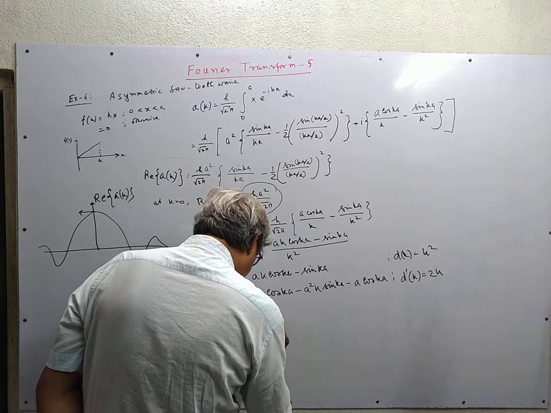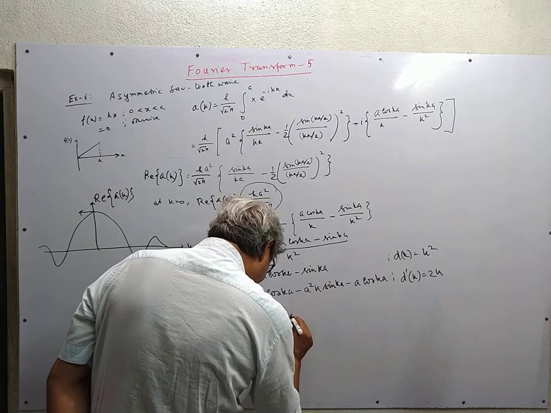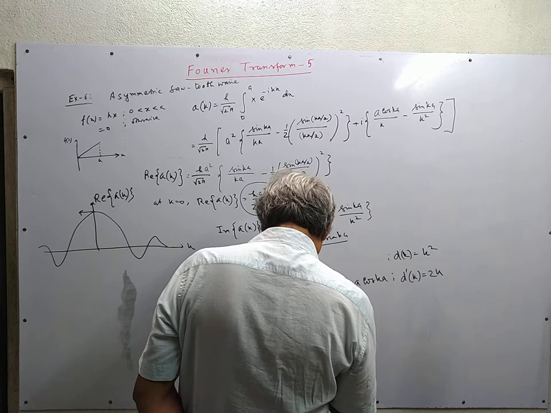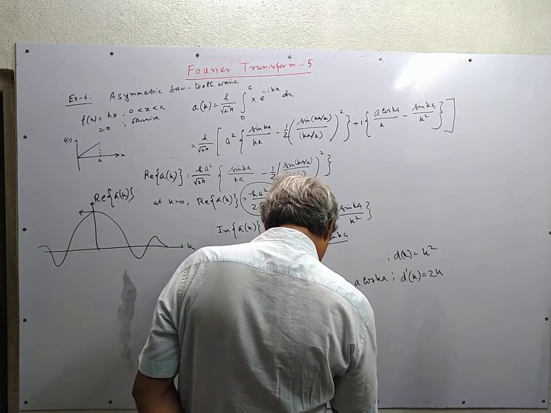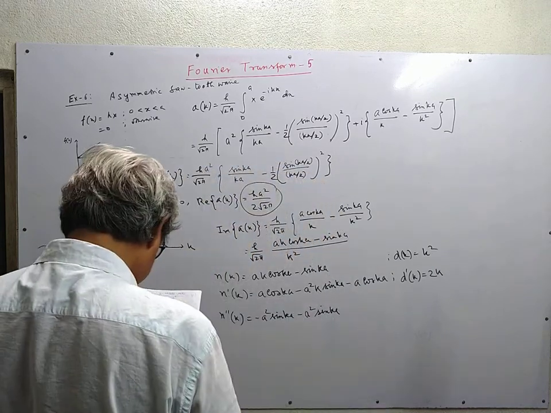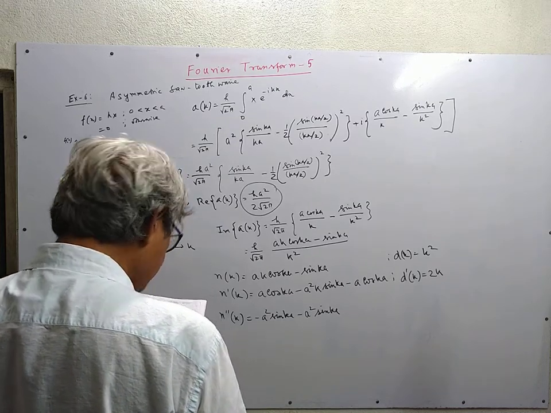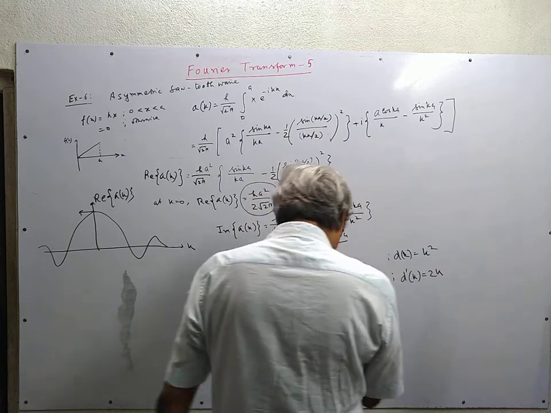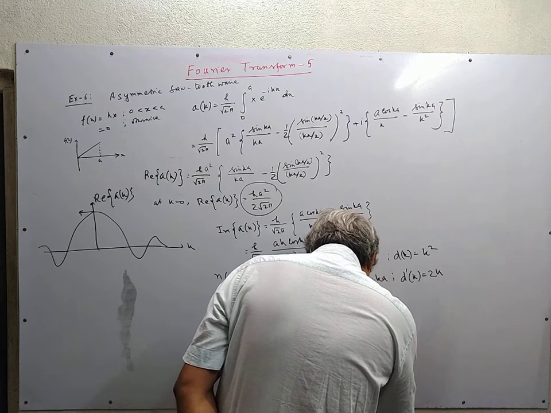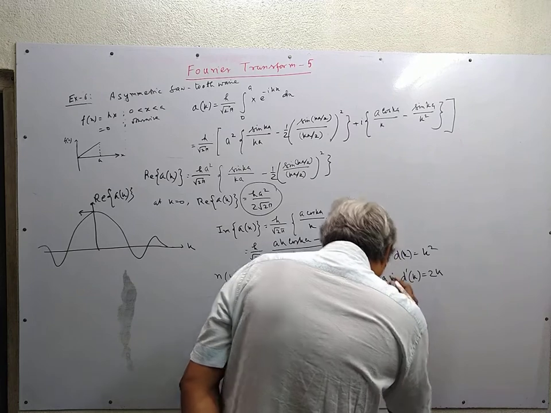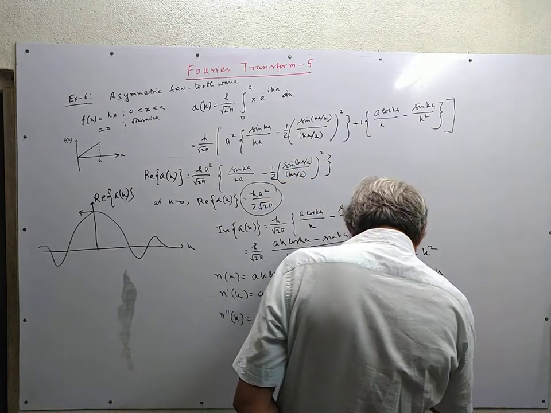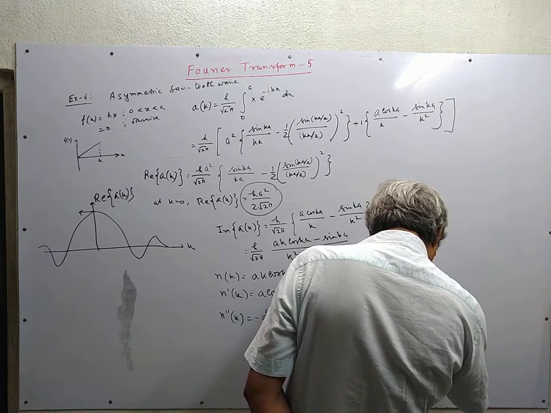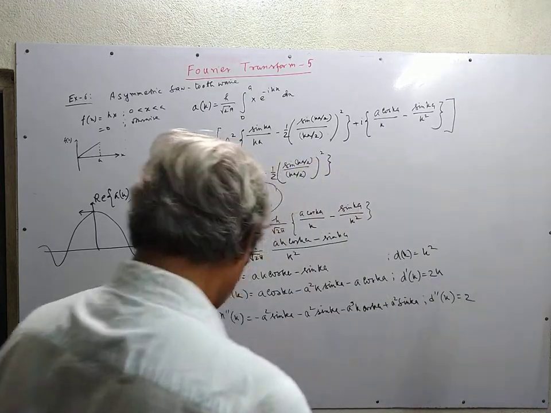Differentiating the terms, we get minus a square sin ka, a cube k cos ka, and plus a square sin ka, and 2 in the denominator.